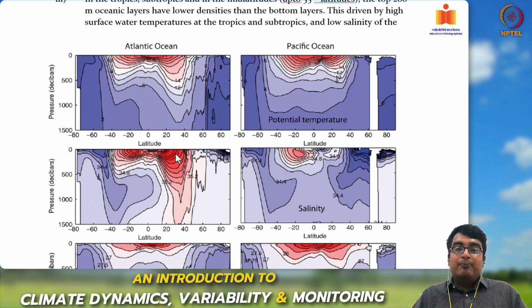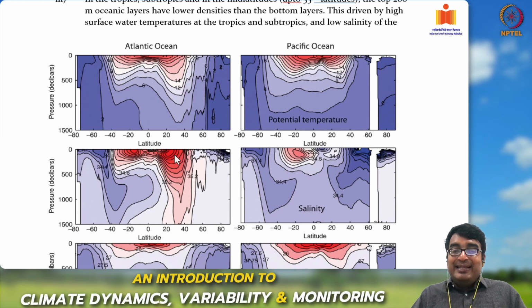Okay, so this goes up to say 36, 37 here. So this is 35.2, 35.4, 35.6, 35.8, 36, 36.2. So up to say 36.5 you are getting salinity values in the subtropical regions of the mixed layer.